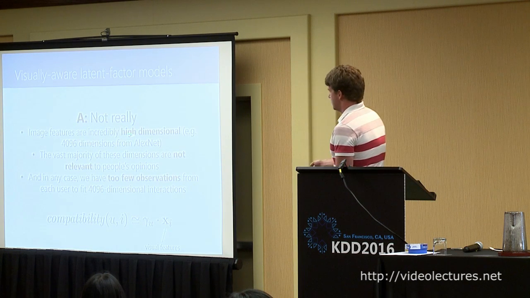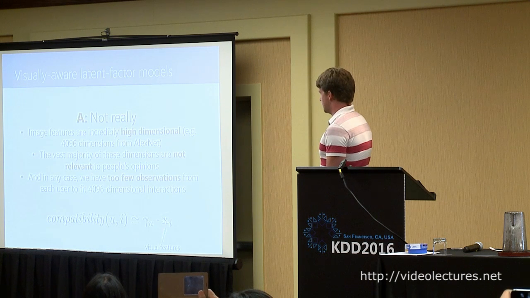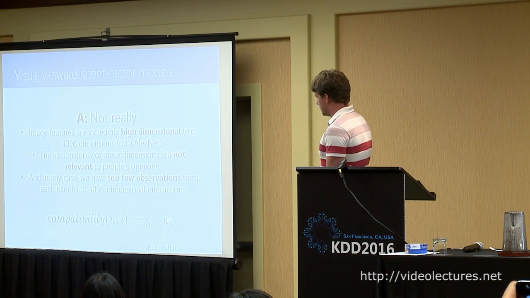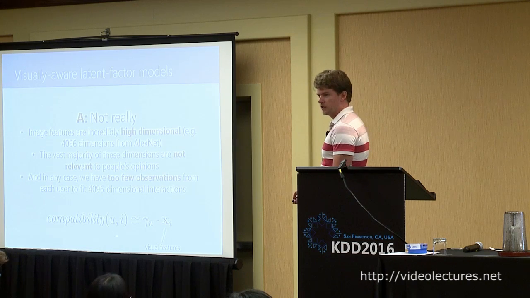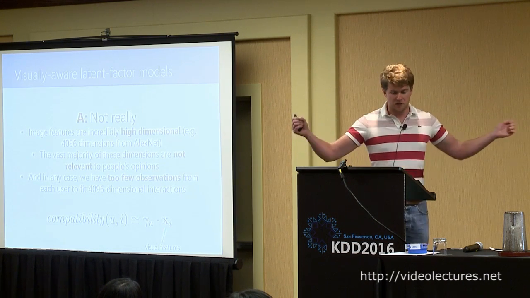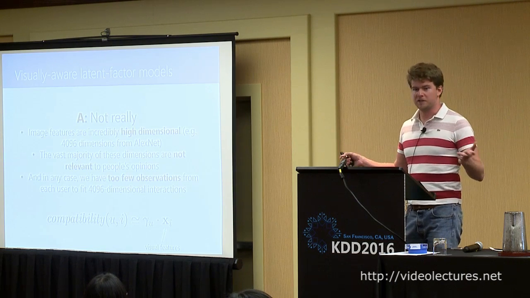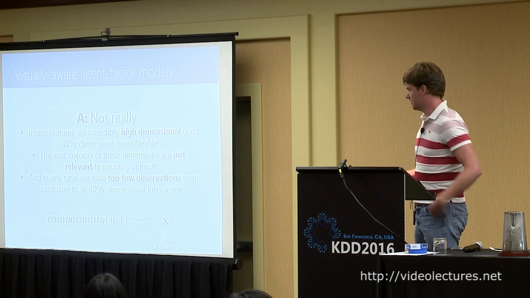These sort of CNN type of visual features are incredibly high-dimensional. So if you imagine trying to fit this model for each user, you'd be trying to say, what's their 4096-dimensional preference vector towards each of these visual features? Unless the user has performed thousands upon thousands of actions, you can never possibly do this.